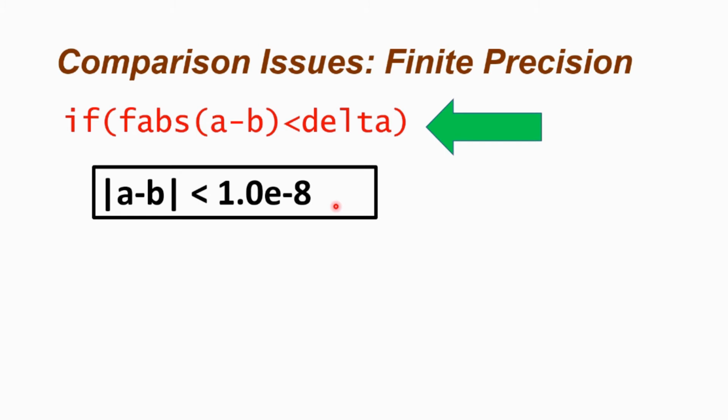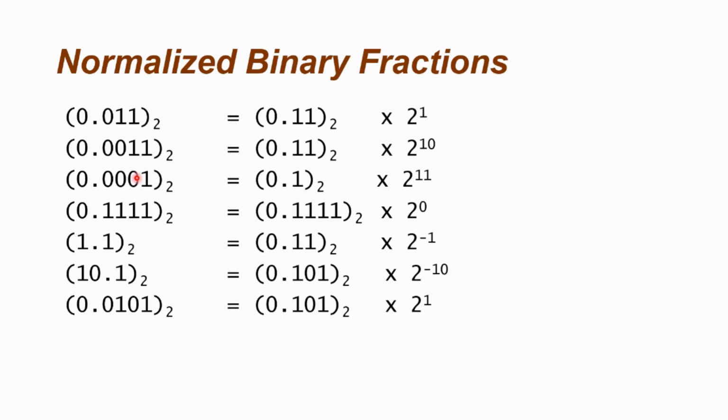So this is the meaning of A and B being almost equal. We never compare for exact equality, because even if there is a difference of some bit in the 14th place, they will not compare to be equal. So this is the better way of comparing two floating point numbers.